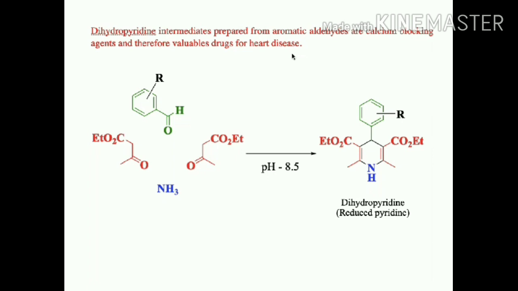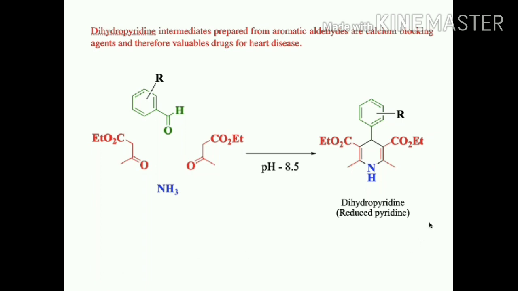So why we are getting dihydropyridine is because of this reason. Whatever dihydropyridine you get from substituted aromatic aldehyde is going to act as a calcium blocking agent, and therefore a valuable drug for heart disease. So this is the importance of Hantzsch pyridine synthesis.